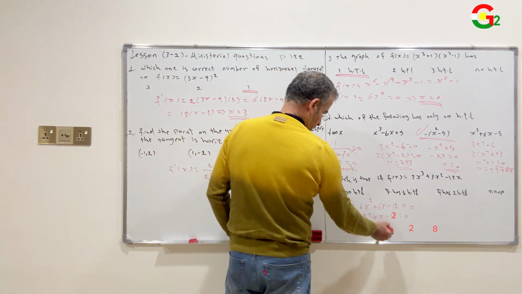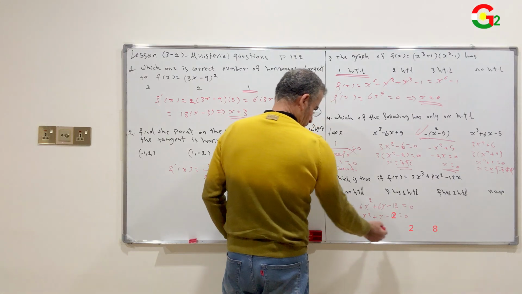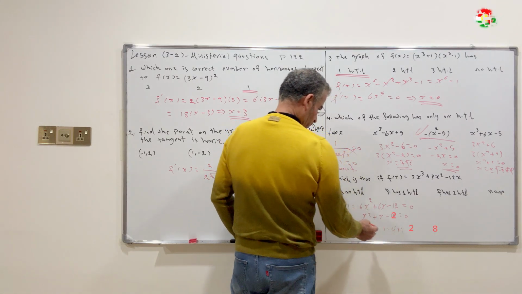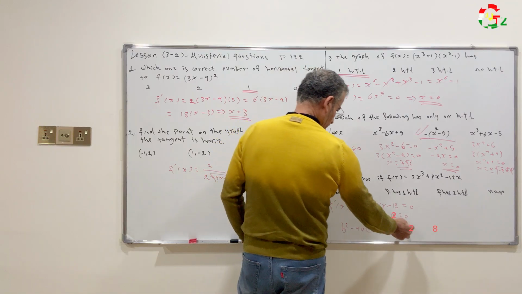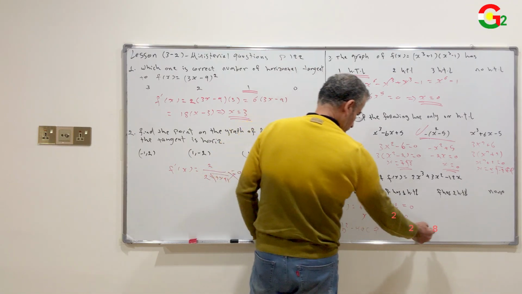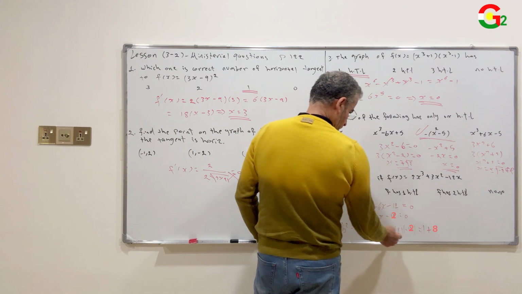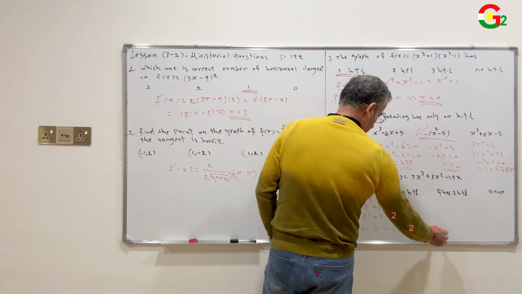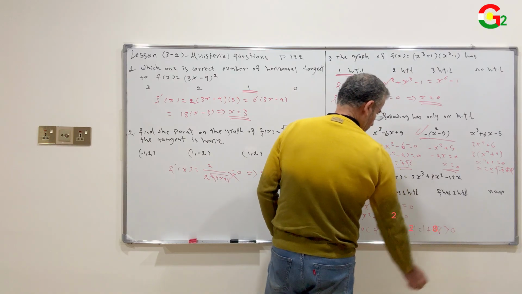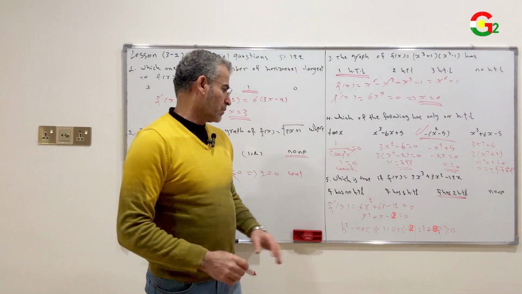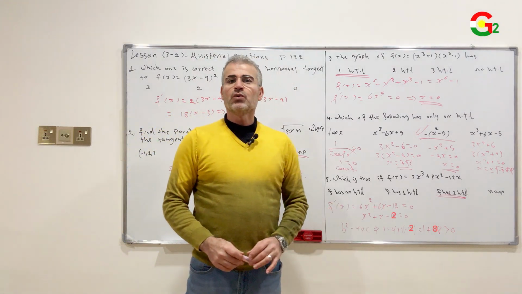B square, 1, minus 4 times a, the coefficient of x square, times c, the constant number, 1 plus 4 times 12, 48, greater than 0, then this function has two horizontal tangent lines because this function has two roots.